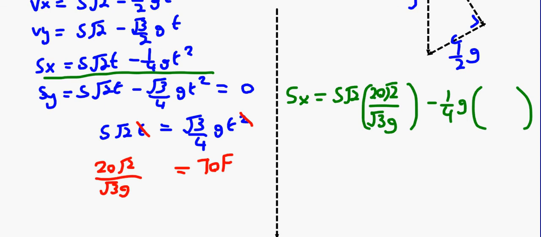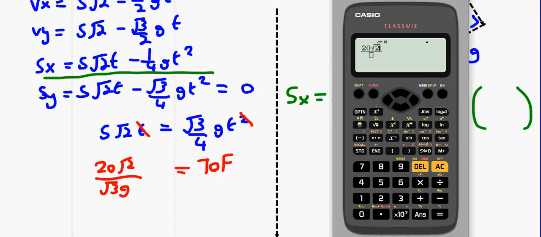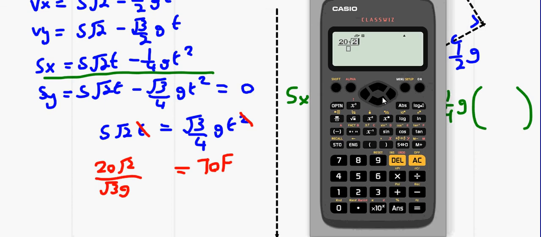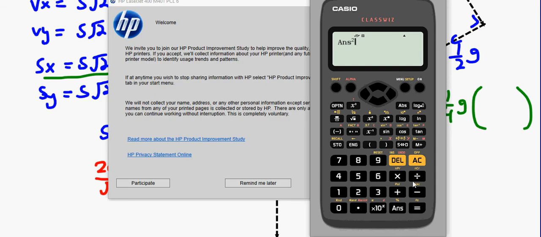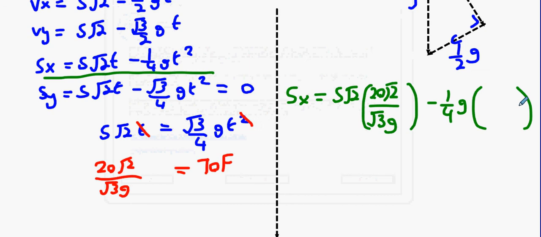So I'm going to square 20 root 2 over root 3. There's my answer. Square it. 800 over 3. So that's going to be 800 over 3 g squared on the bottom.